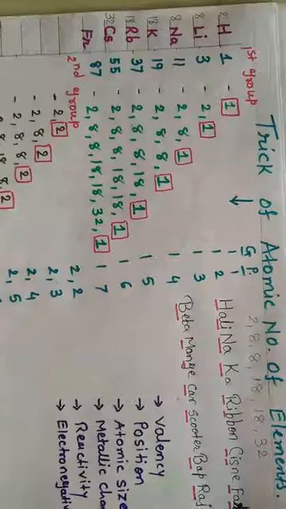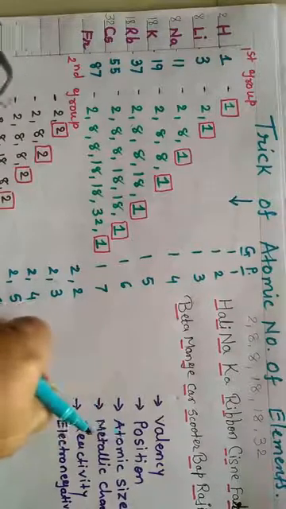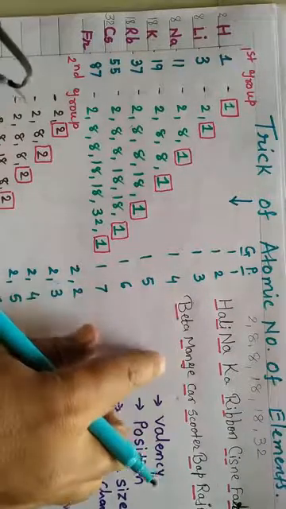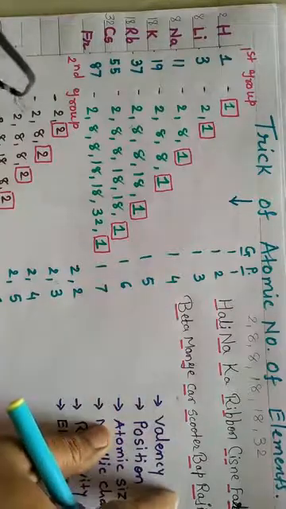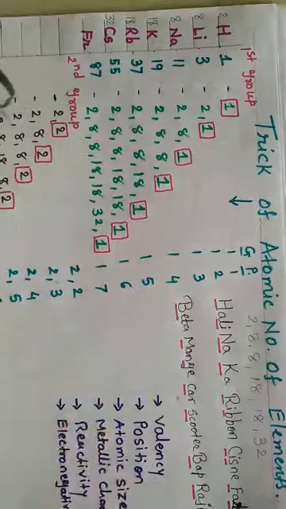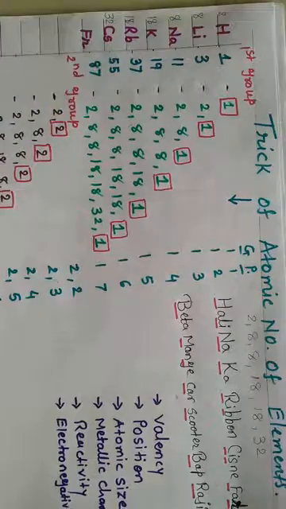Now we will try to write down all the elements of the second group. For that, the mnemonic is beta, mange, car, scooter, bap, raji. So writing the symbols, very first is beryllium, the first element of the second group.